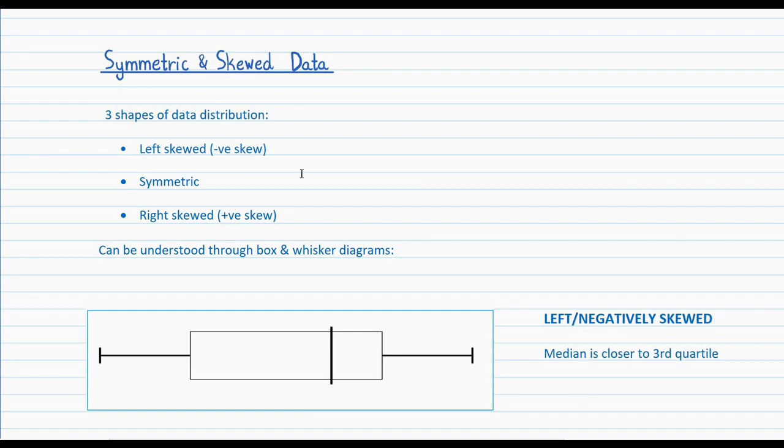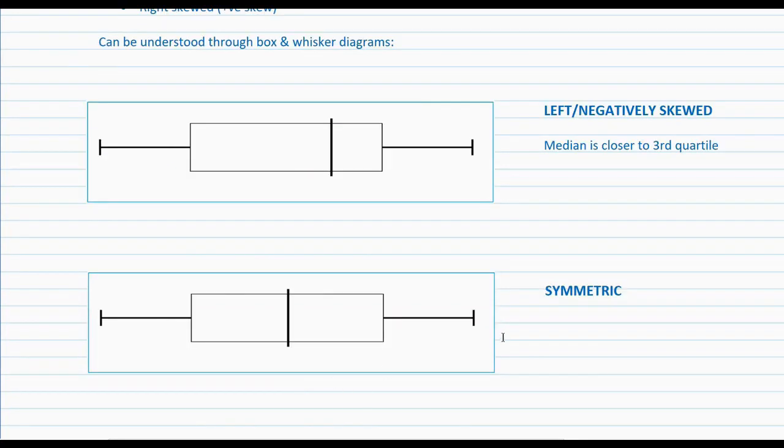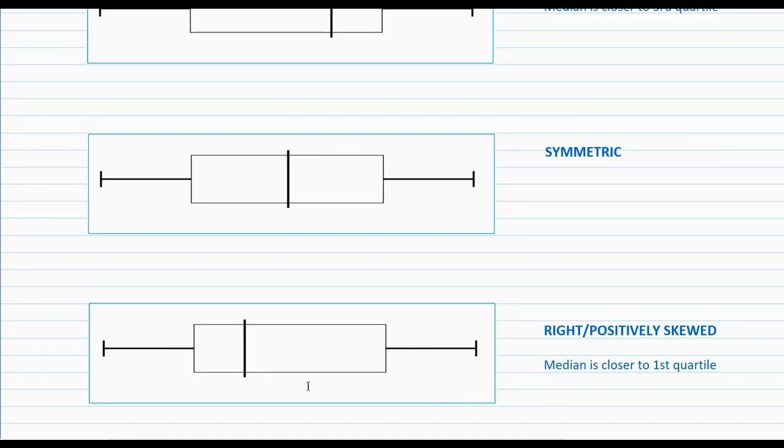Then you have the diagram for symmetric data distribution, which is quite simple to understand just from the name itself, where the data is roughly symmetric about the median. Then the last diagram is for right positively skewed data, where visually the right side portion of the box will be bigger than the left side portion. And the technical way to think of this is that the median is closer to the first quartile.